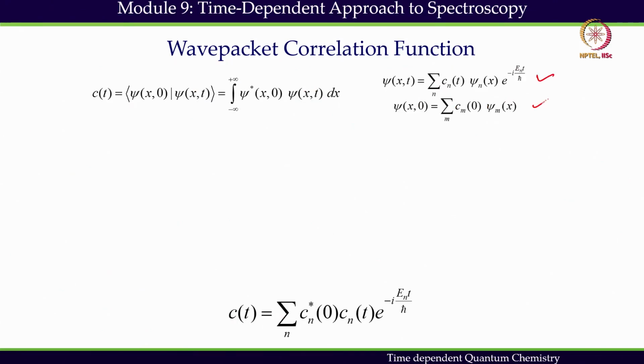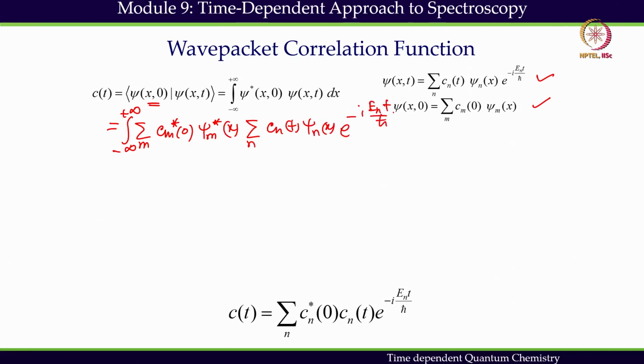If I insert them, what I get is the summation over m of Cm star 0, where this part is the complex conjugate, and psi m star x, then the summation over n of Cn(t) psi n x e to the power minus i En t by h cut.